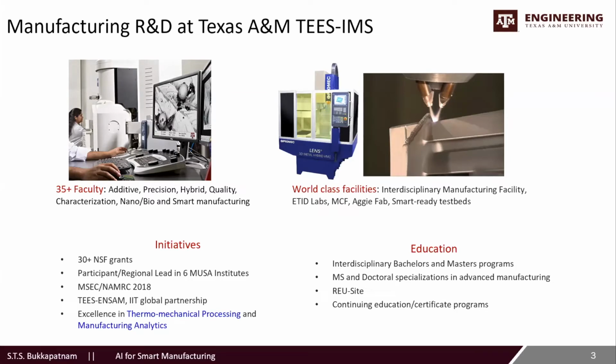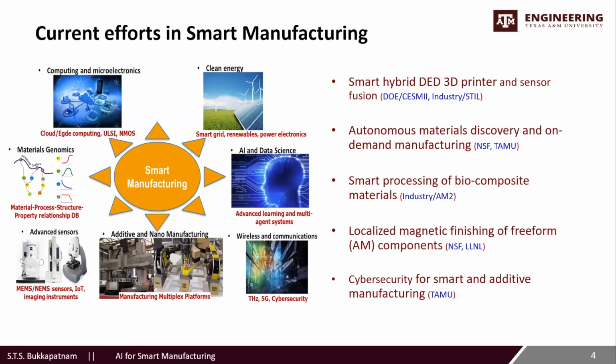And when it comes to smart manufacturing, let me begin by providing my spiel of how I think about smart manufacturing. To me, smart manufacturing is basically a composite of the recent advancements and revolutions that have taken place in different facets of technologies, be it communications.